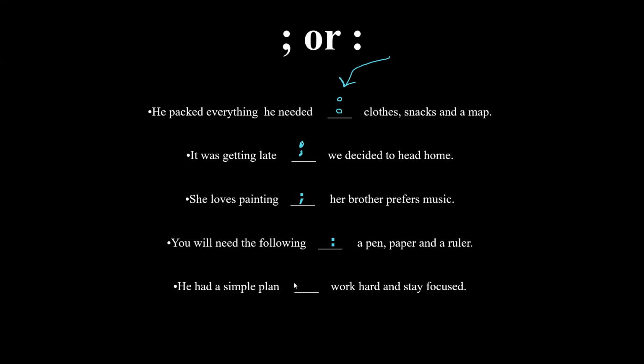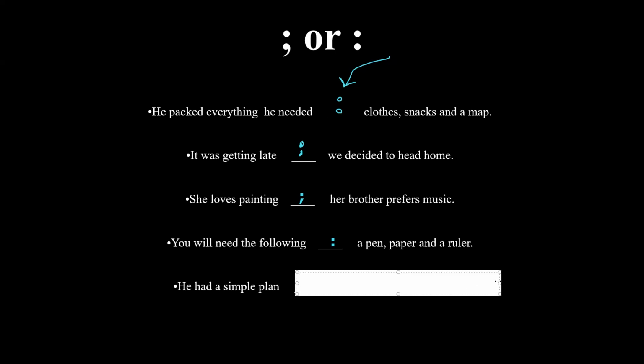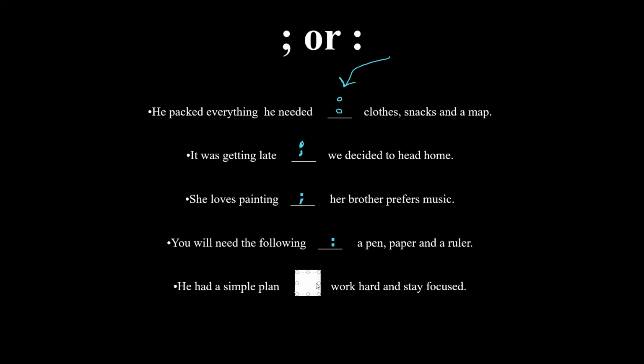The answer is actually a colon, because it kind of looks like a semicolon, doesn't it? Two independent clauses. But "work hard and stay focused" isn't really a complete sentence. And also, remember, this second clause is explaining the first clause. He had a simple plan. Well, what is the plan? Work hard and stay focused. So the second clause is explaining the first, which we know is what a colon does.